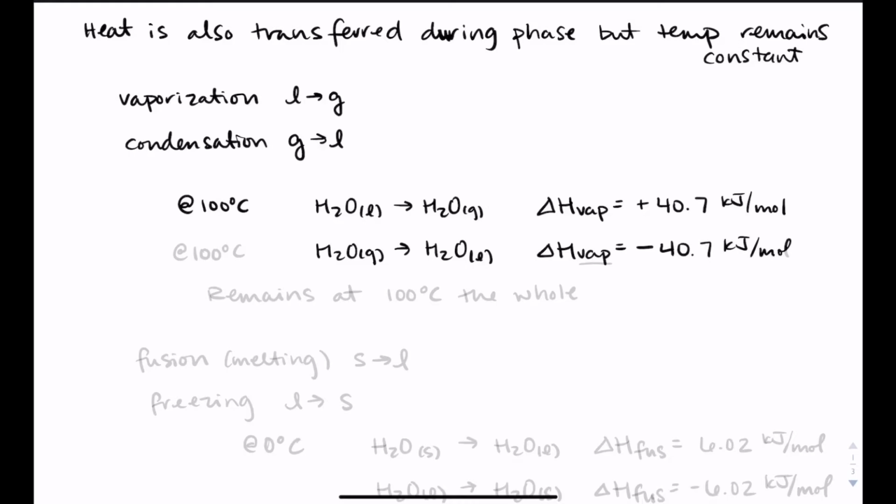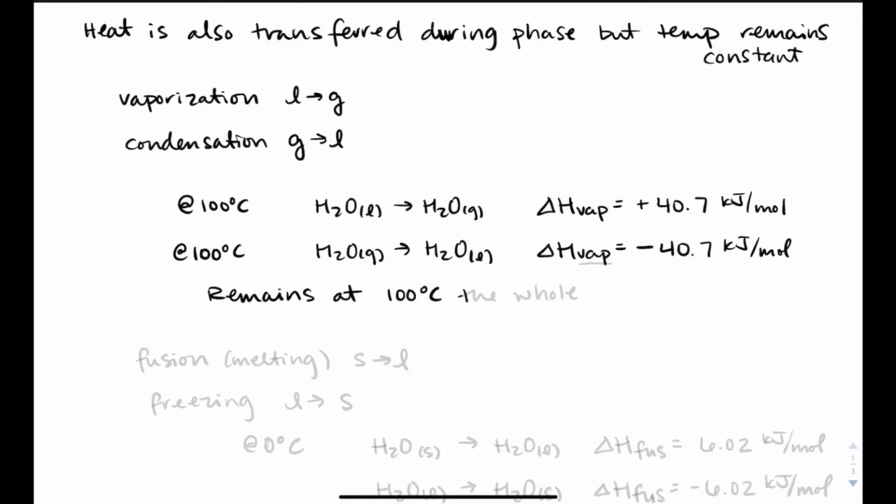Now, the temperature piece. When water is boiling, so going from a liquid to a gas, it stays 100 degrees the entire time. So when you do a phase change, there's a whole process. You have to take water and heat it to 100 degrees. It then stays at 100 degrees while turning into a gas.